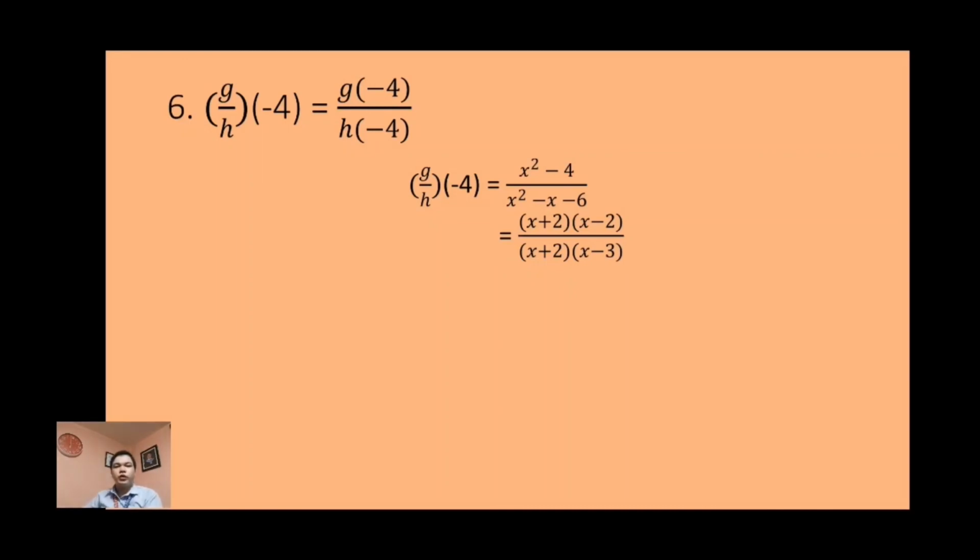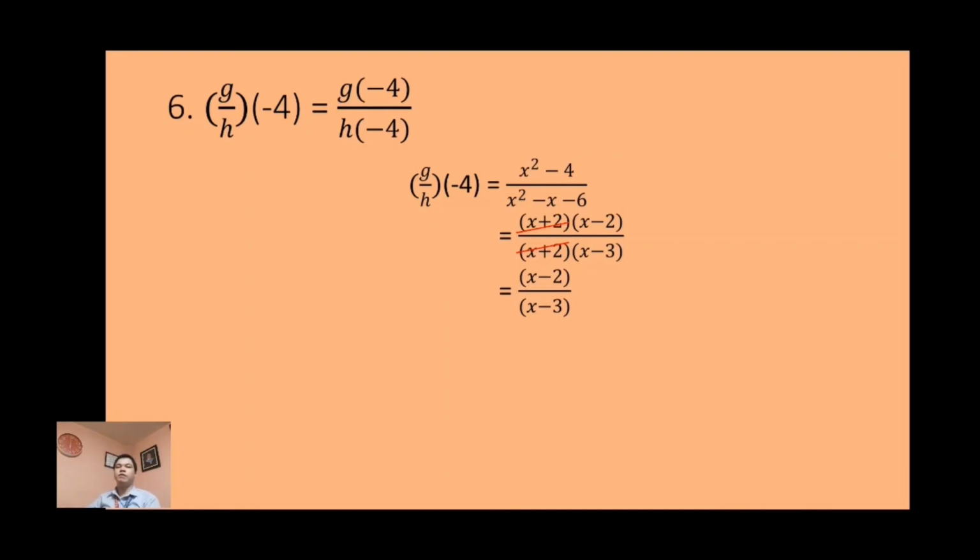The factors of the denominator are x plus 2 times x minus 3. And then step 3, simplify. We can actually divide x plus 2 by x plus 2. So the remaining terms are x minus 2 divided by x minus 3.